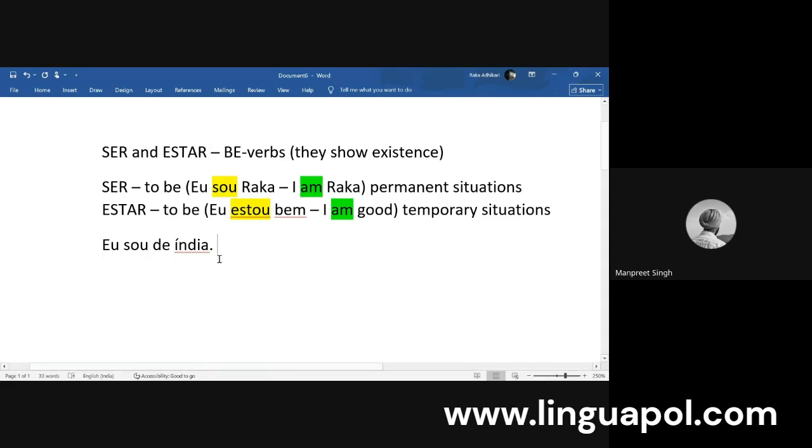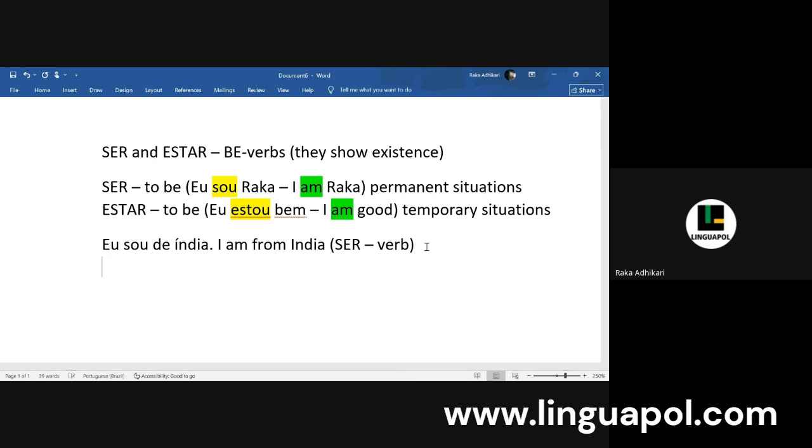I am from India. Right. So here I'm using the ser verb because your origin is permanent. It cannot change. Wherever you are born or where you belong to, that is a permanent definition of you. So we cannot change it. That's why I'm using the ser verb and I'm saying eu sou.